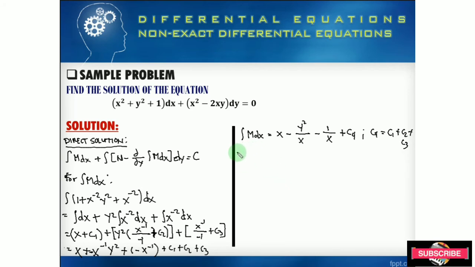So for the second term here, we have the integral of n minus the partial derivative with respect to y of your integral of m dx, dy.